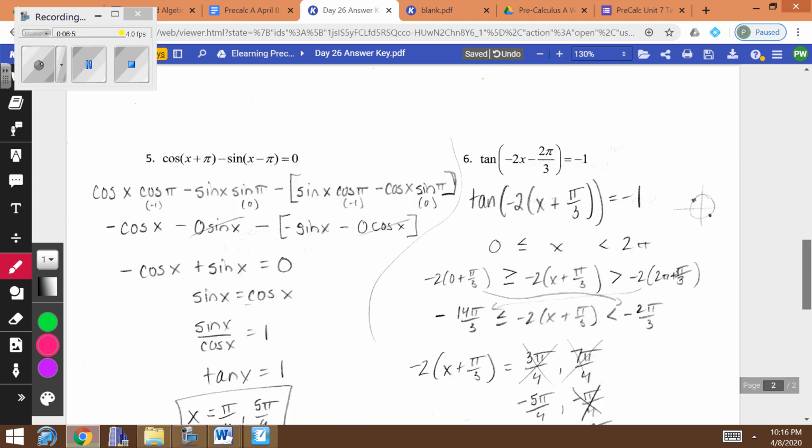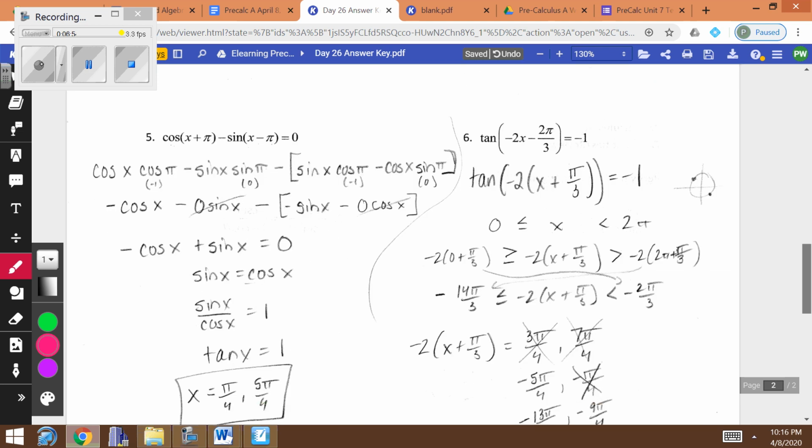All right, for number 5. This one looks crazy complicated, but we have to use our identities on here. So when we're looking at it, if I have the cosine of a plus b, if you look on your identities sheet, that equals the cosine of the first part times the cosine of the second minus the sine of the first times the sine of the second.